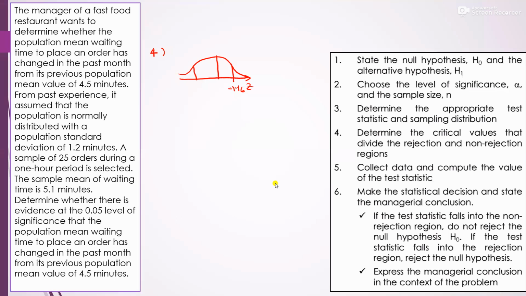Sorry, it is plus 1.96. It is minus 1.96. So this is your rejection region. This is also a rejection region.